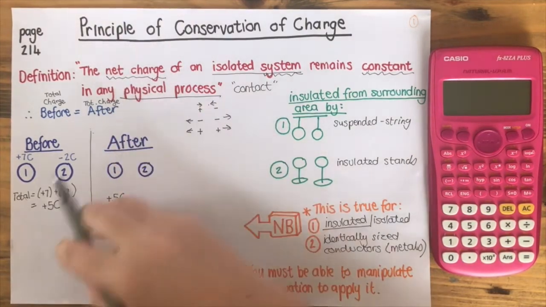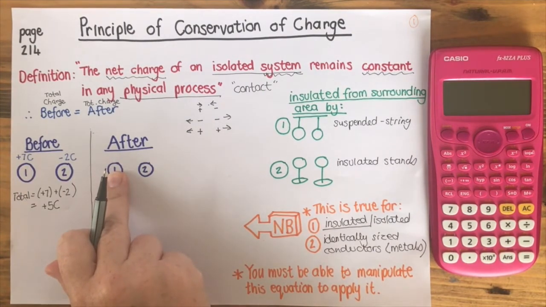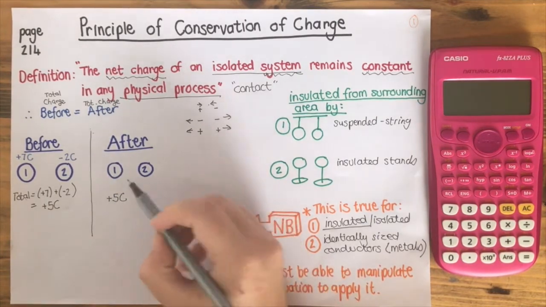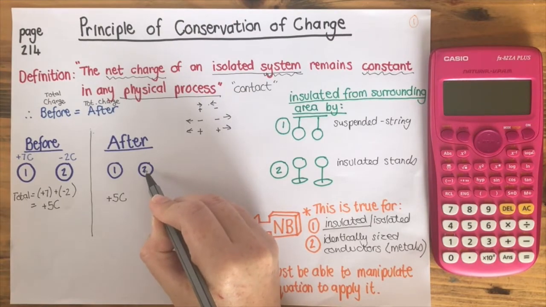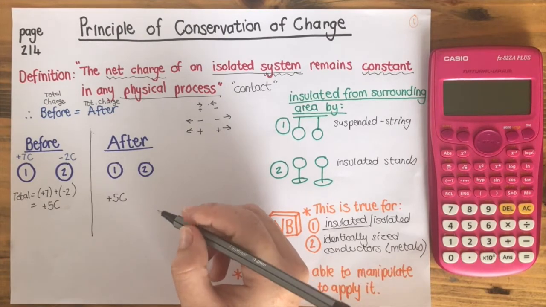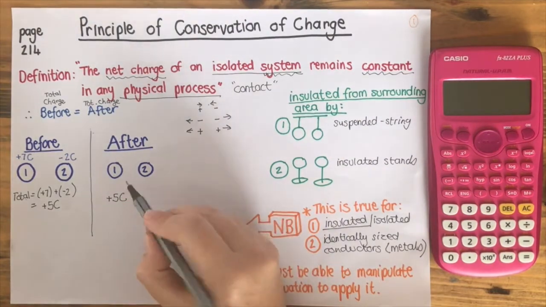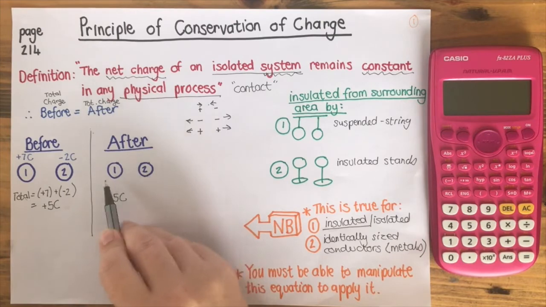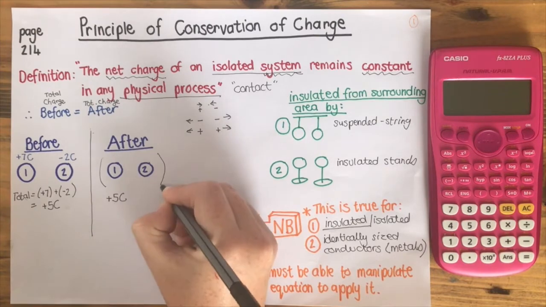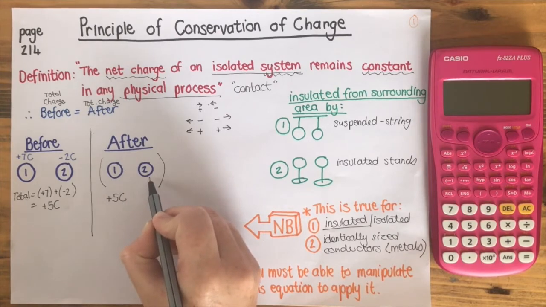Your electrons are not going to stay in one, be more negative, and the other be more positive, or have an extreme deficiency of electrons over here. So what you would see happening is that the number of electrons would be split equally between the two spheres. So this positive 5 is the total charge. However, we need to find the charge on sphere 1 or sphere 2 afterwards.